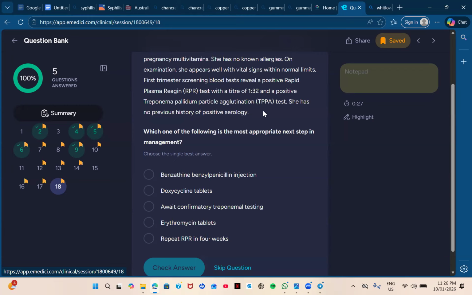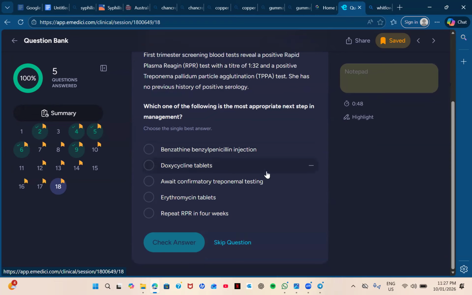First trimester screening blood test revealed a positive rapid plasma reagin RPR test with a titer of 1:32 and a positive Treponema pallidum particle agglutination test. She has no previous history of positive serology. Which one of the following is the most appropriate next step in management? Benzathine benzylpenicillin injection, doxycycline tablet, await confirmatory Treponema testing, erythromycin tablet, repeat RPR in 4 weeks.